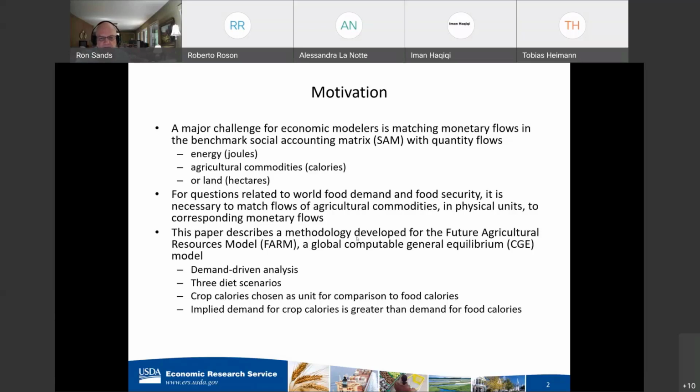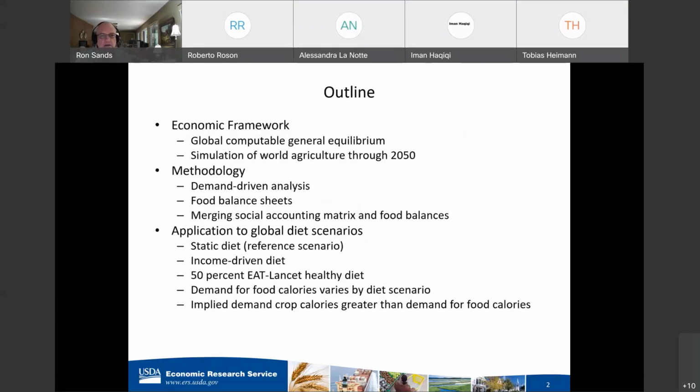The model also uses its demand-driven structure to calculate crop calories derived and grown on the land. The outline of my presentation: we'll talk about the economic framework, then the methodology I use to match up food quantities and food monetary values, and then an application to global diet scenarios.